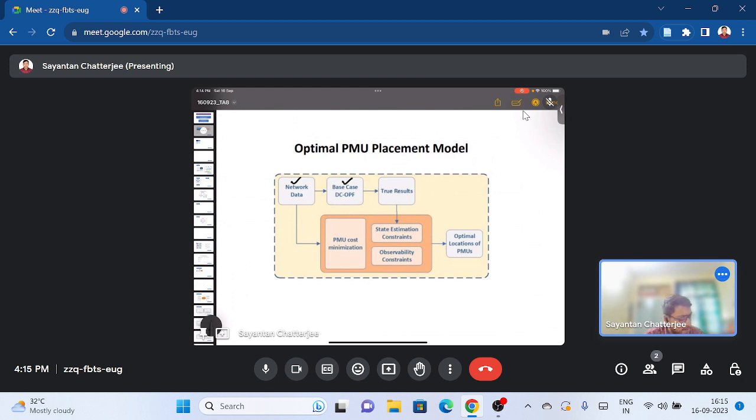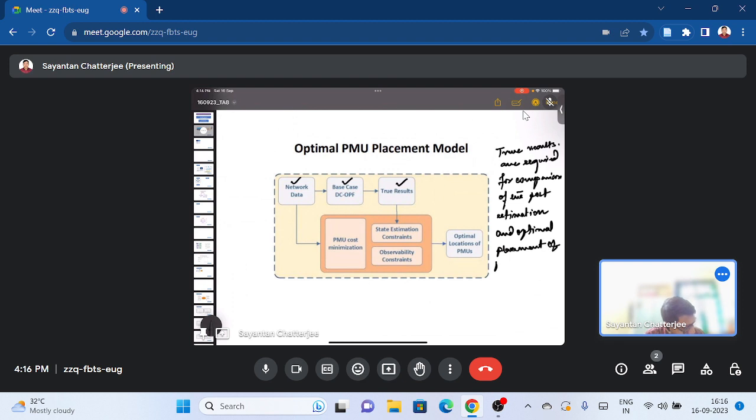Then the true results need to be found, because based on the true results, a comparison can be made for the post-estimation and optimal PMU placement results.